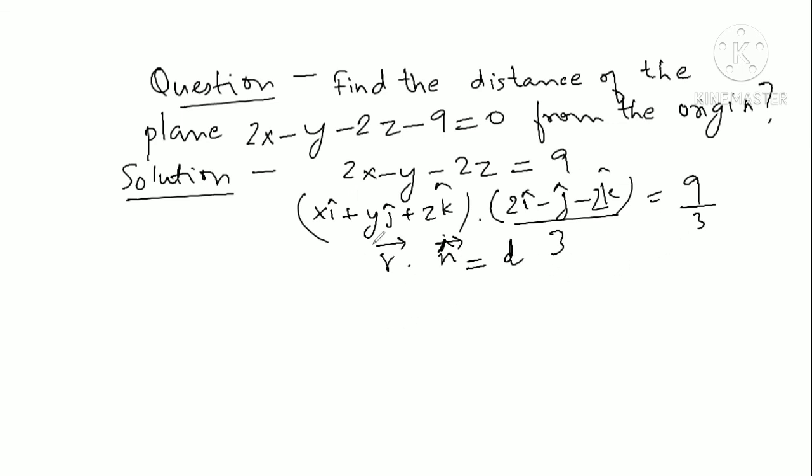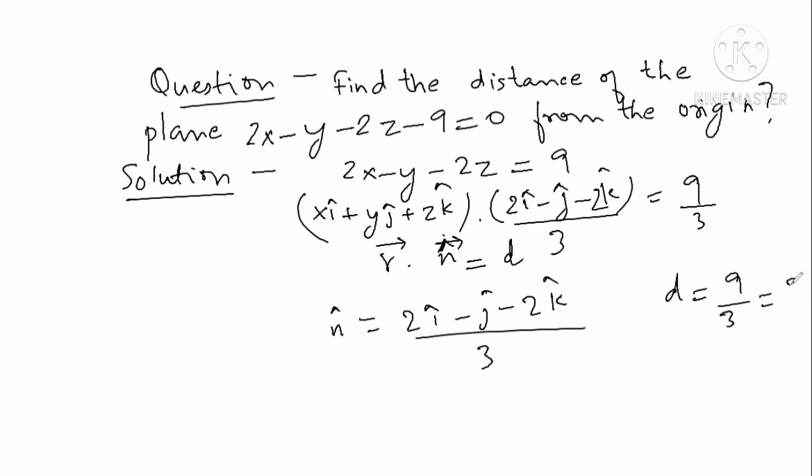And now if we compare, r vector becomes this vector x i cap plus y j cap plus z k cap, and n cap is nothing but this vector 2i cap minus j cap minus 2k cap divided by 3. So therefore on the right hand side you get d is equal to 9 by 3, which is 3. Therefore the perpendicular distance of the plane from origin will be equal to 3.